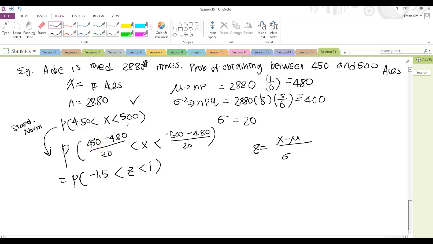And using the table, we can find this. This is phi of 1 minus phi of negative 1.5, which is phi of 1 minus 1 minus phi of 1.5.